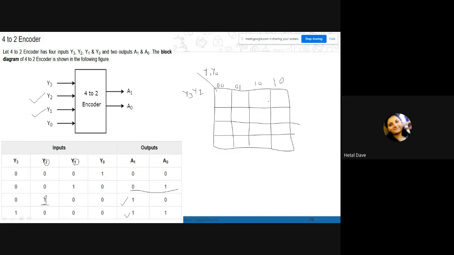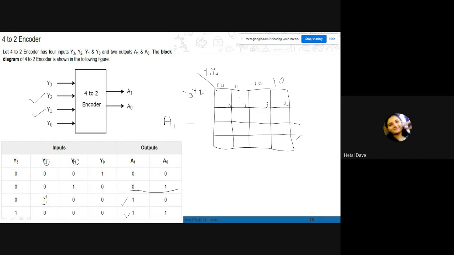Horizontal numbering 0, 1, 3, 2, 4, 5, 7, 6, likewise. Now what you need to do? This table is right now prepared for A1. So here 0, 0, 0, 1 means they are talking about which cell? 0, 1, 3, 2.